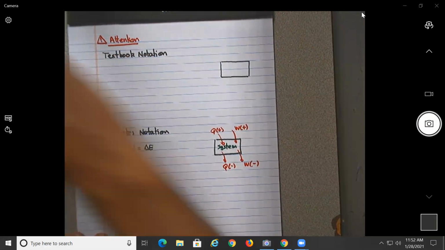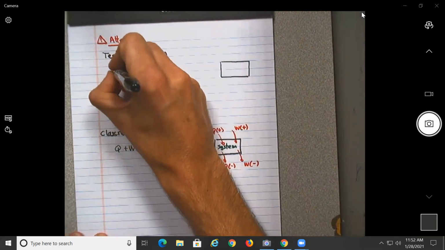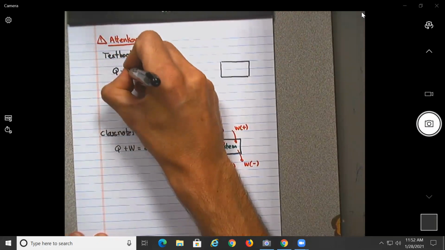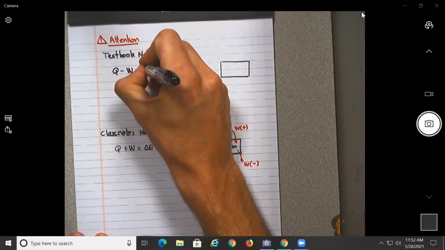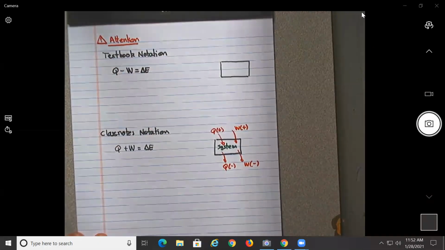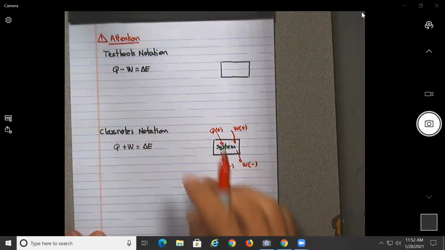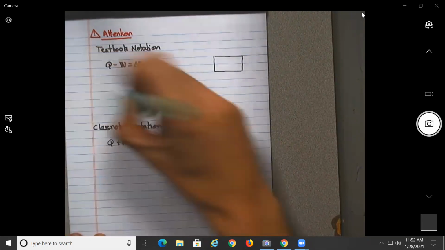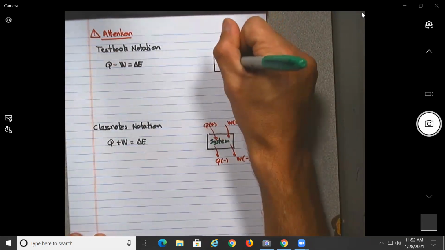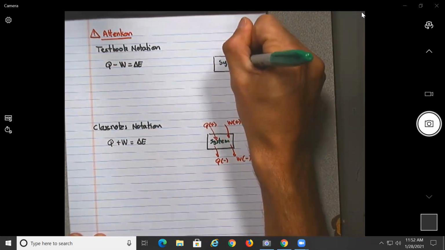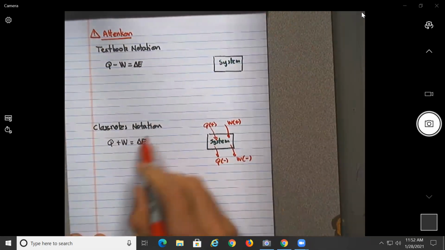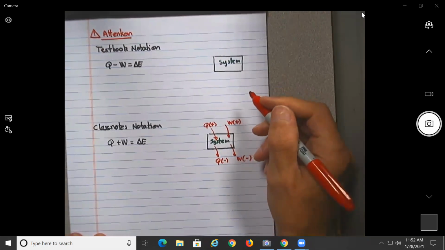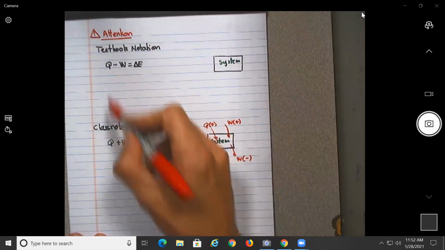So for them, this equation is going to become what? It's going to become Q minus work equal to change in energy. So in this form, what would be their sign convention? Okay, so the Q remains unchanged.